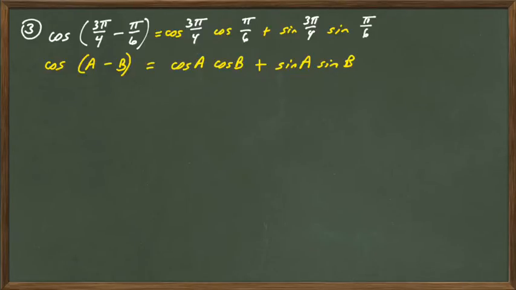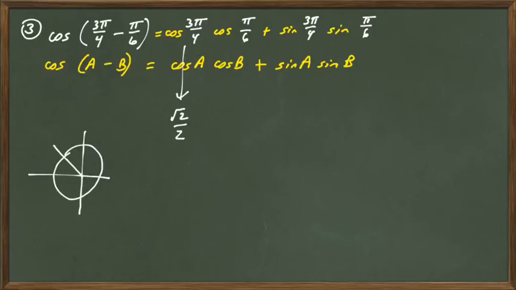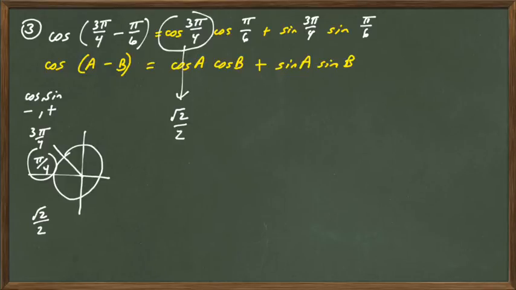Okay, I'm going to continue this. This would be radical 2 over 2, but because it's in the second quadrant, the reference angle is pi over 4, which makes it radical 2 over 2. In this quadrant, cosine is negative, so this cosine should be a negative.